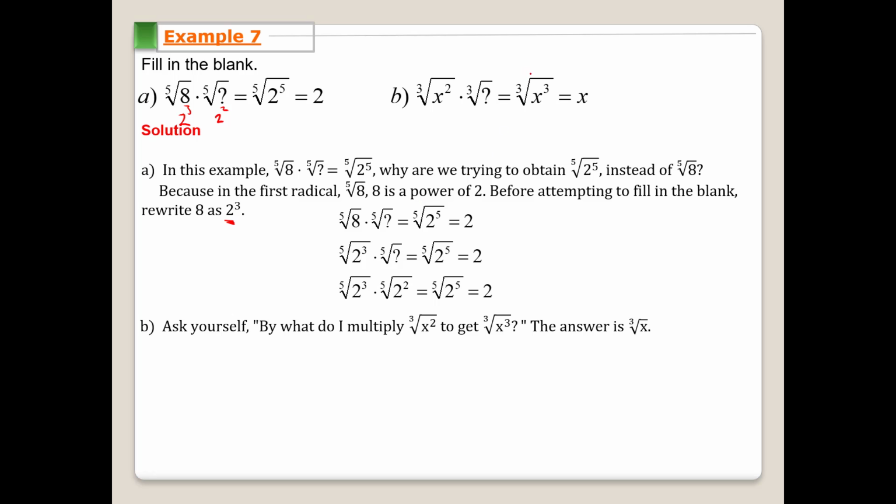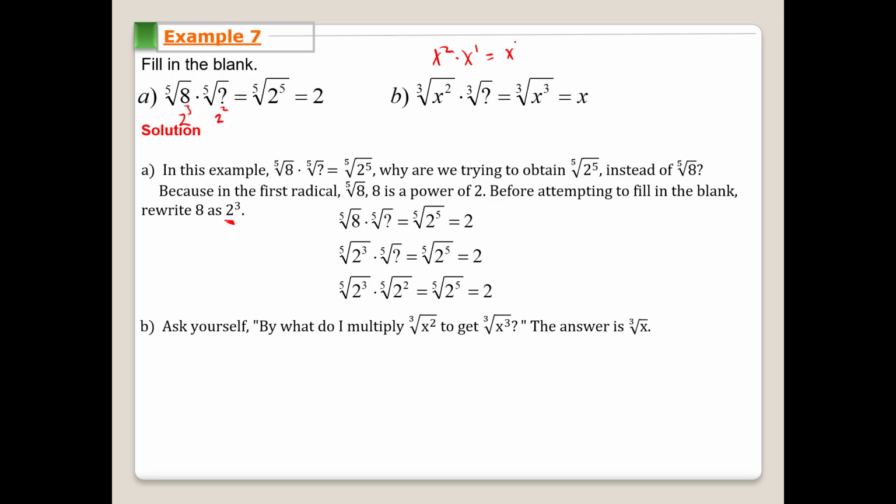Now for B, we have x in here. Again, if we have x squared, what do I need to multiply by to get x cubed? Again, disregard the radical for the time being here. We know we need to equal a 3. So we took x squared times x to the first power, right?